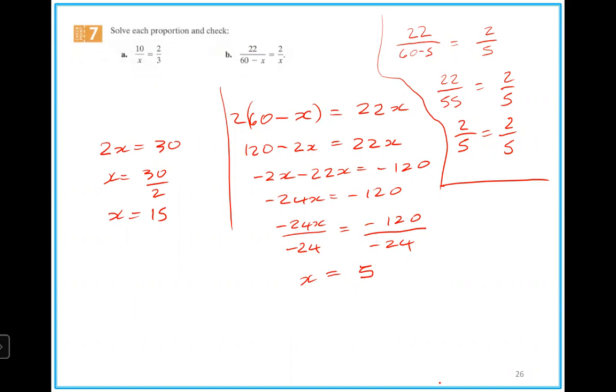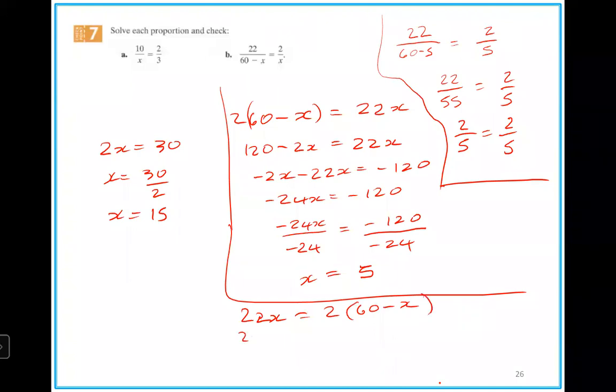No, it's still right because you could have done the 22x first. So let me start it here. You could say 22x equals 2 times 60 minus x.